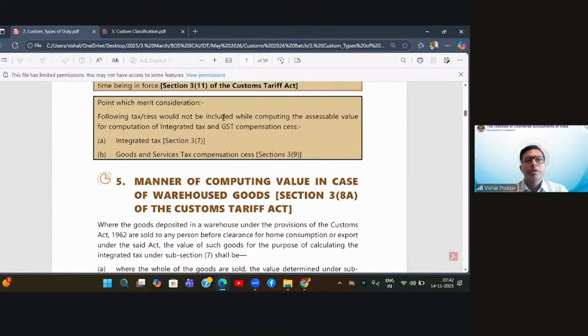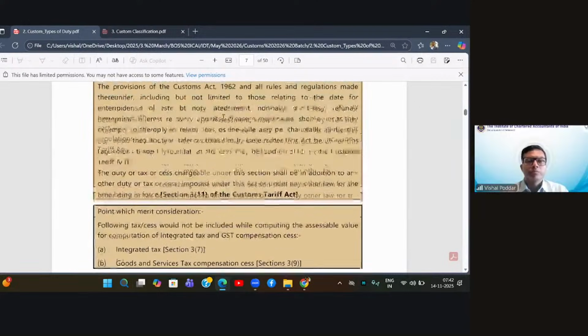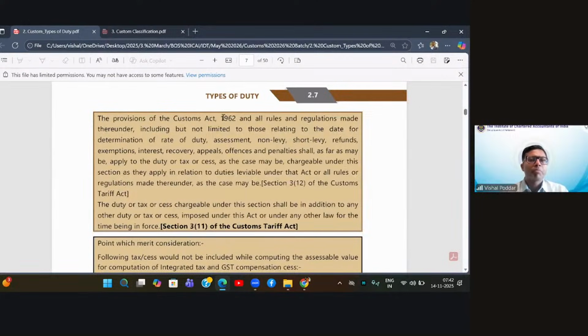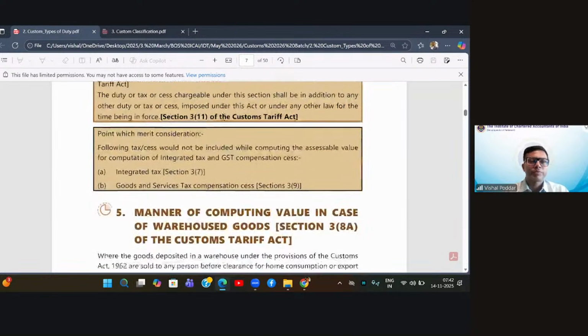So basically, IGST and compensation cess, the GST related taxes, will be computed on this total value, which is the total of 3 items: the customs value plus the basic custom duty plus the customs surcharge.